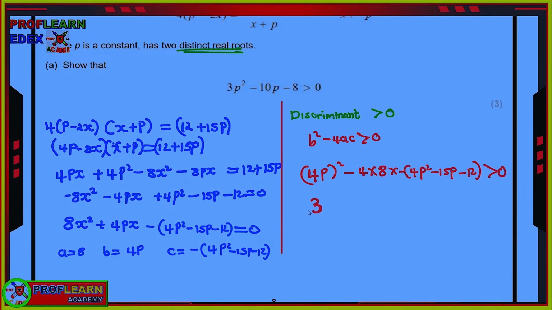Now expanding this, we are going to have 16p squared, and then we put the like terms together so that our equation reduces to 3p squared minus 10p minus 8 is greater than what? Greater than 0.